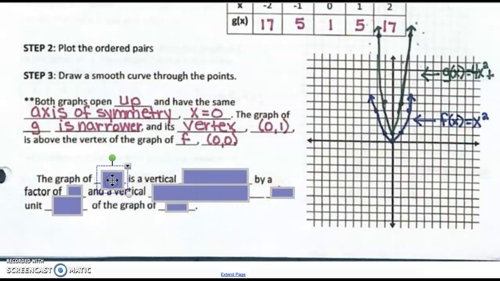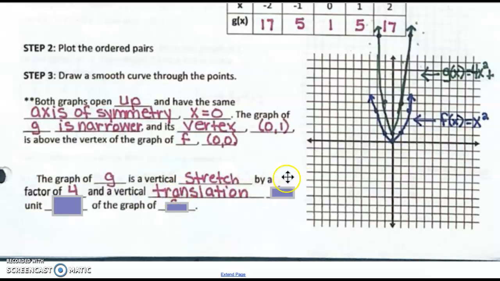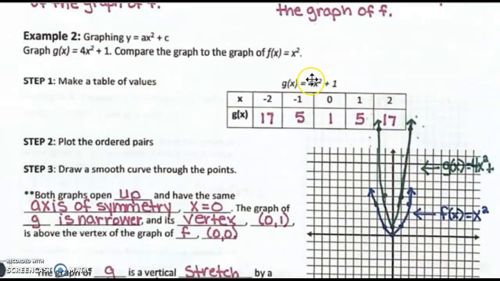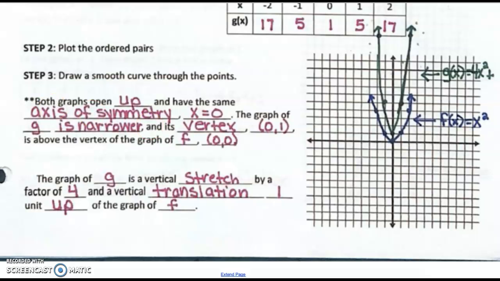So we can say that the graph of g is a vertical stretch by a factor of 4 and a vertical translation 1 unit up of the graph of f. Okay, so we can tell it by looking at the graph itself, like over here, or you should just know that from looking at these numbers.